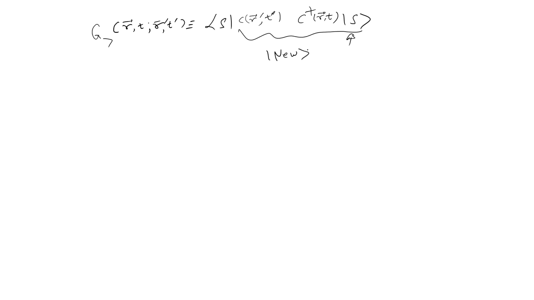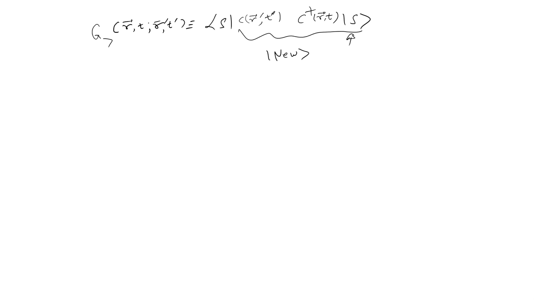So, this is a new state, and this is your starting state. So, you create a particle at position r at time t, then at a different time called t dash, you annihilate a particle with the same statistics as before, but at a different location called r dash.